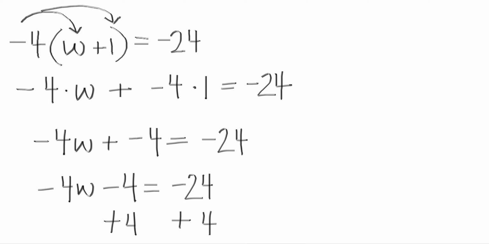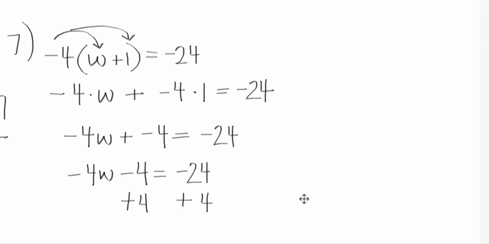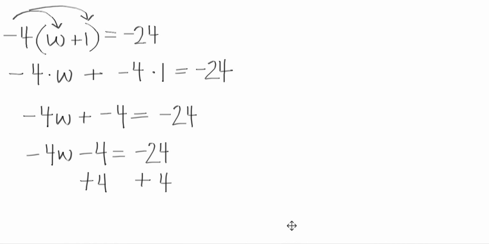And from there, we're going to add 4 to both sides. When we add 4 to both sides, on the left side of the equation, -4 plus 4, that's 0.